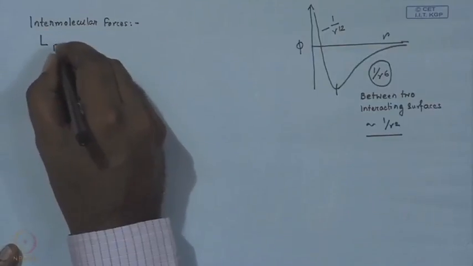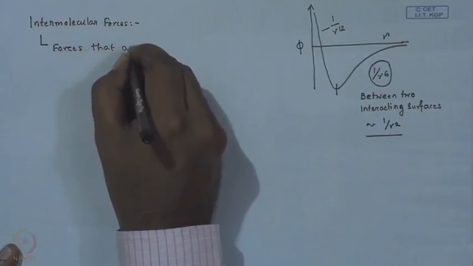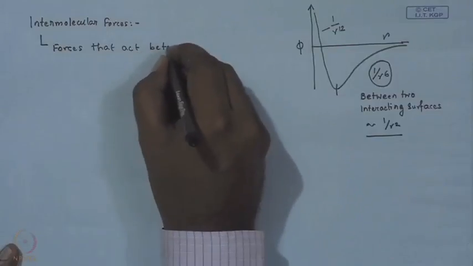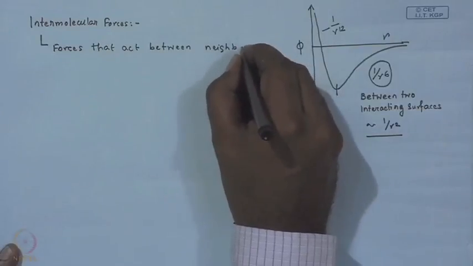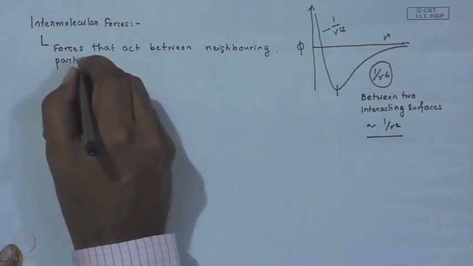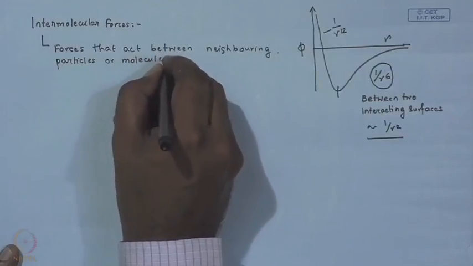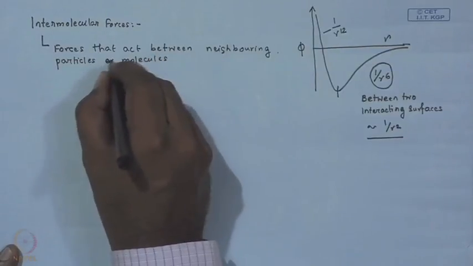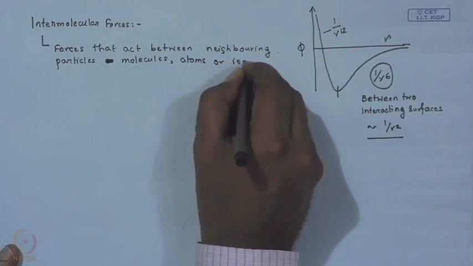These are some of the things that you can expect us to discuss in the next 2 or 3 lectures. So, intermolecular forces are forces that act between neighboring particles, which can be, let us say, molecules, atoms or ions.